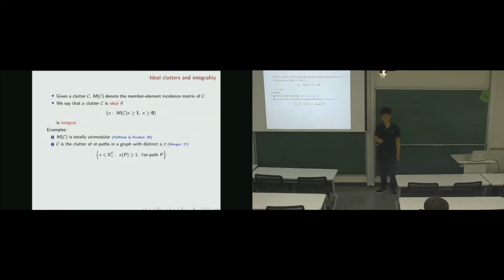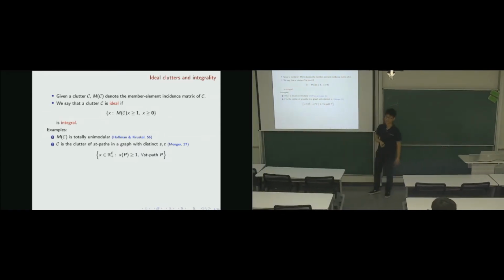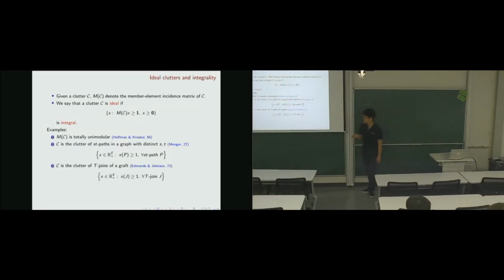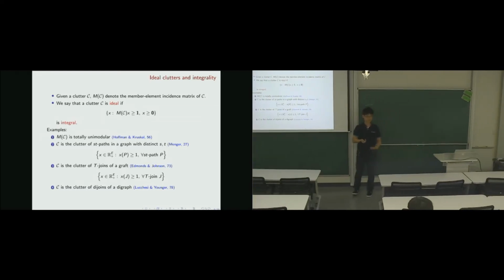Yeah, they're just s-t cuts, right? An s-t cut intersects every s-t path. There are more examples in combinatorial optimization. If you collect the T-joins of a graph, then that's also ideal. Also, if you collect the clutter of dijoins of a digraph, that's also ideal.